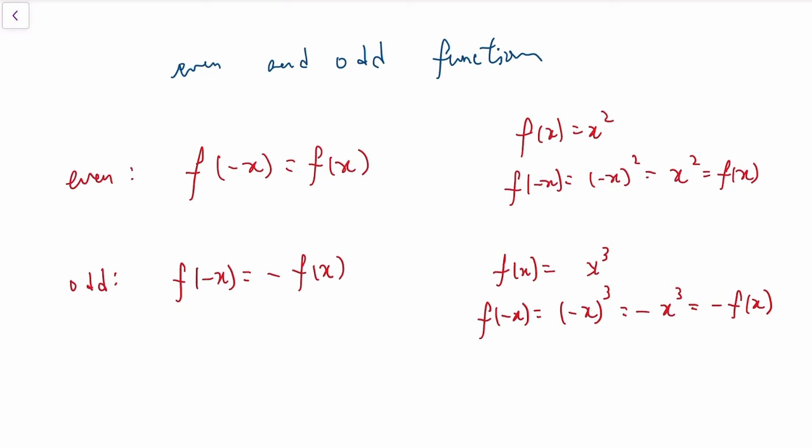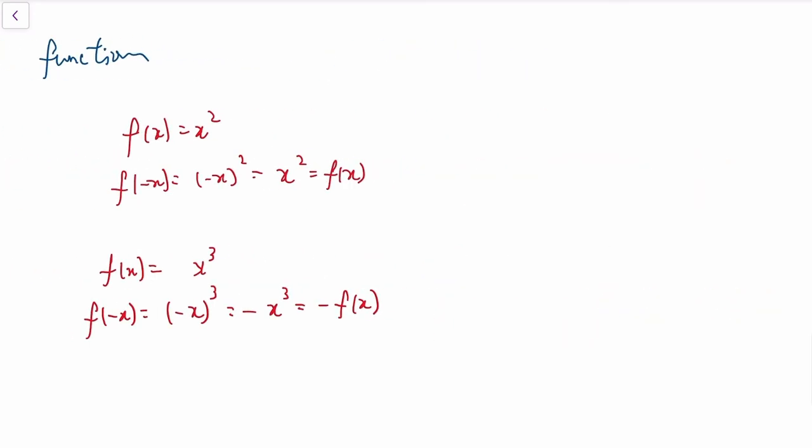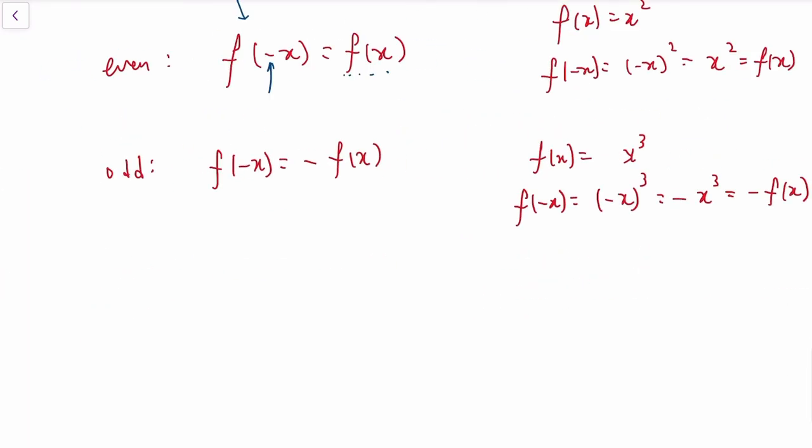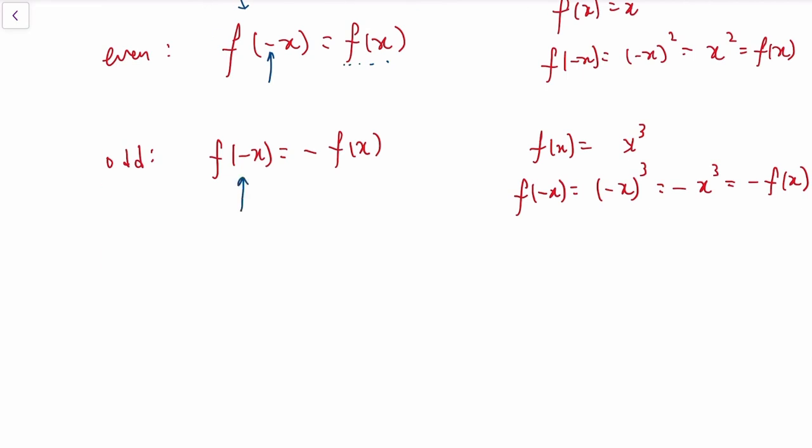Now you can also view this in terms of transformation. So we know if you replace x with negative x, this is a reflection in the y-axis. So what an even function is saying is that if you reflect the graph along the y-axis, you'll get the same graph. That means the graph of an even function must be symmetric about the y-axis. That's why when you reflect it, you basically get the same thing as the original. While odd is saying that if you reflect along the y-axis, it will be the same as reflecting along the x-axis.